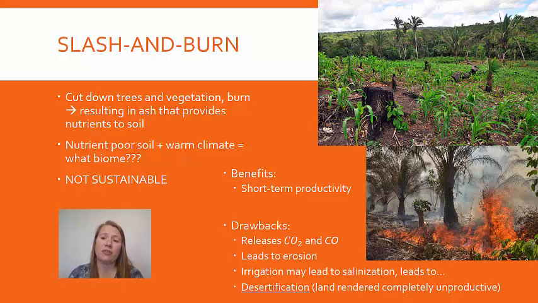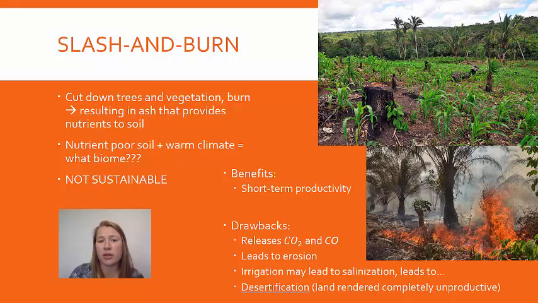Now, this type of agriculture is not sustainable because after you cut down the trees and burn them in that area, you're adding that one single shot of extra nutrients, you're planting your crops, harvesting them, and now you don't have another way to replace those nutrients in that particular location unless you're using some type of fertilizers. But the thing is, the benefits, it's really inexpensive to do this initial cutting and burning, but it results in some very short-term productivity.